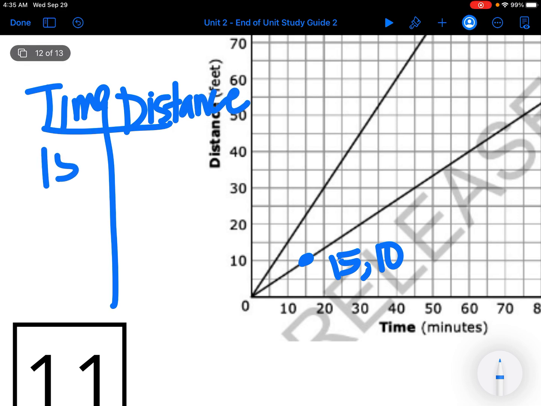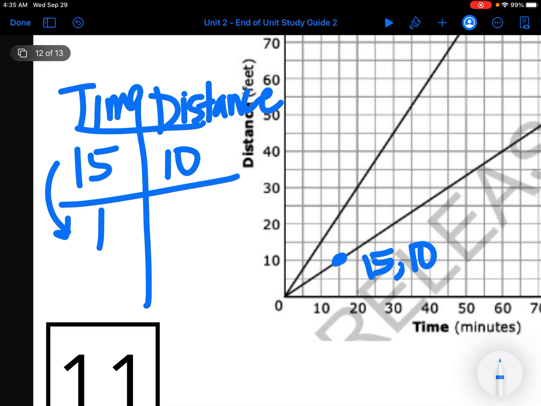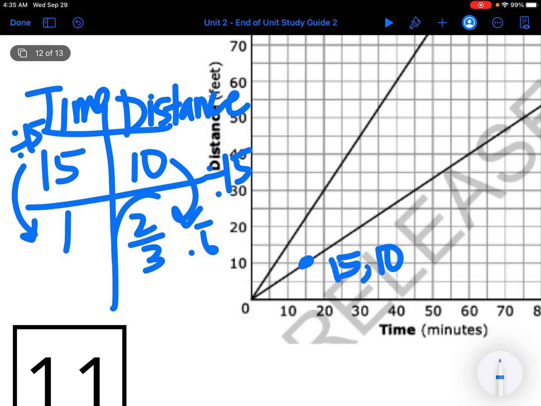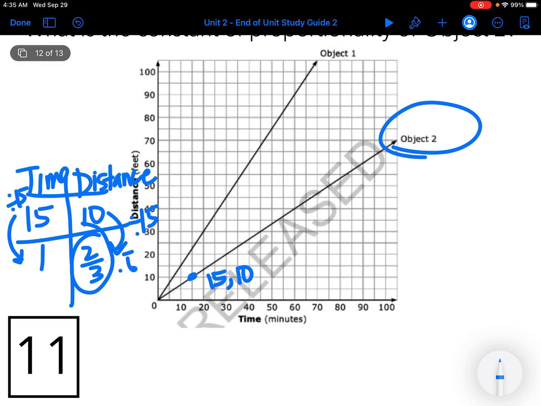So that would be 10 over 15, which would be for 1. And I get 2/3 or 0.6 repeating. It doesn't matter how you write it.